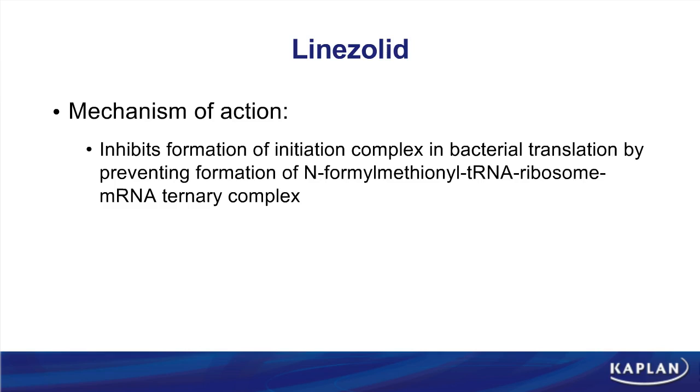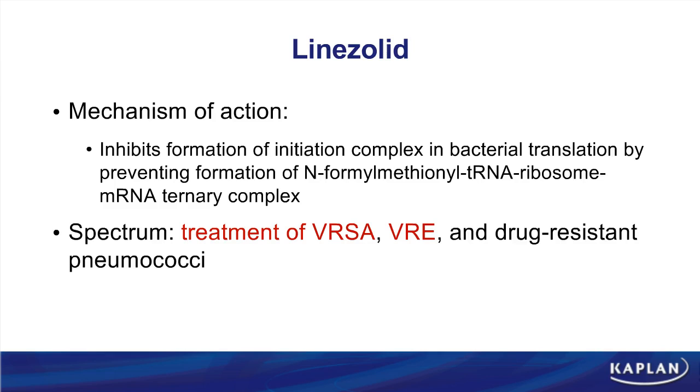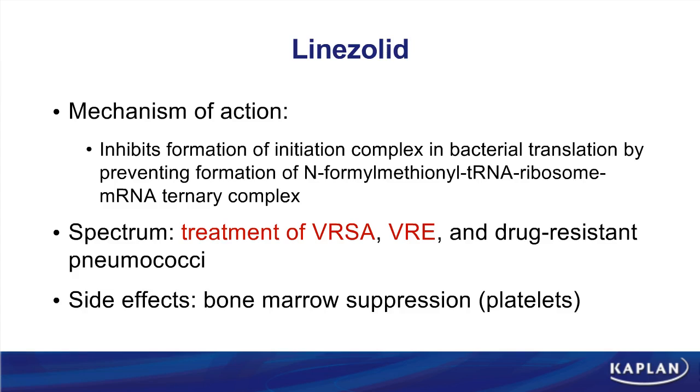What we love to ask about linezolid is its specific use. This drug was developed to treat vancomycin-resistant organisms. Since we're getting vancomycin-resistant staph and vancomycin-resistant enterococcal infections, linezolid is a great choice for these vancomycin-resistant organisms. Its side effects: it can cause bone marrow suppression, in particular affecting your platelets.